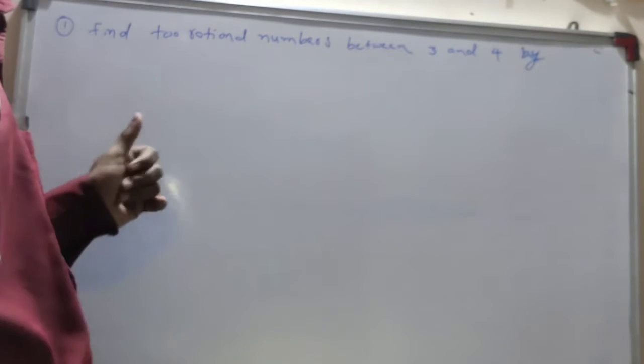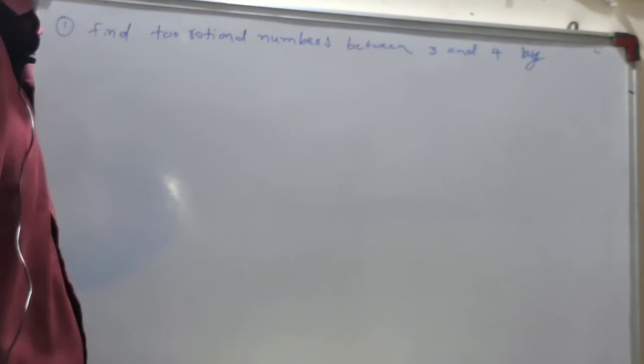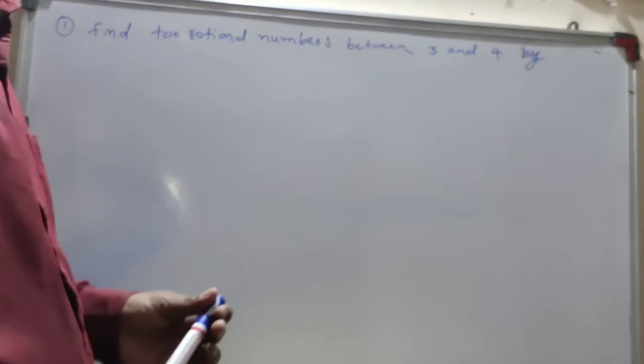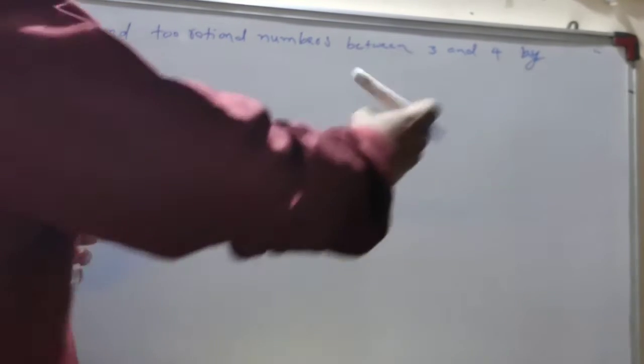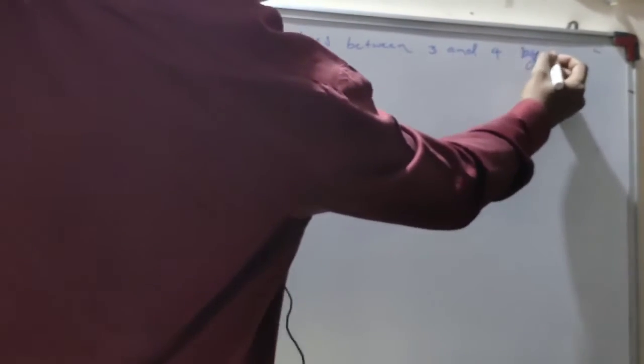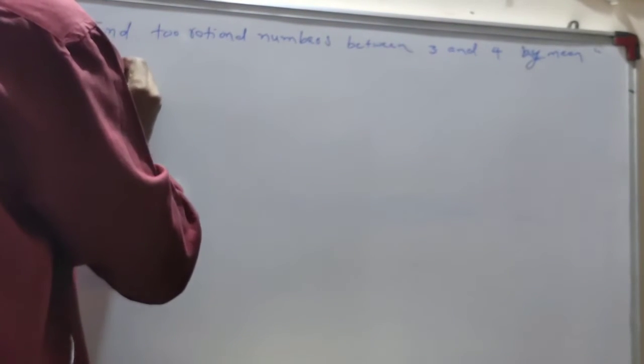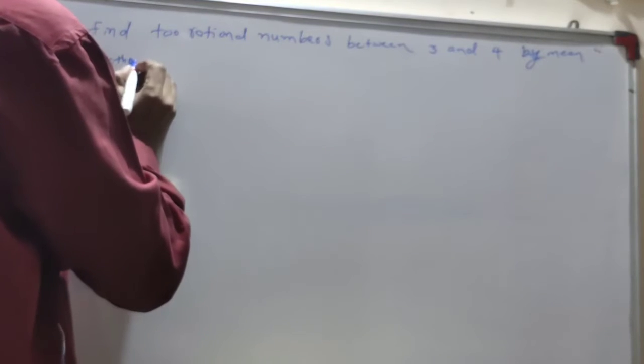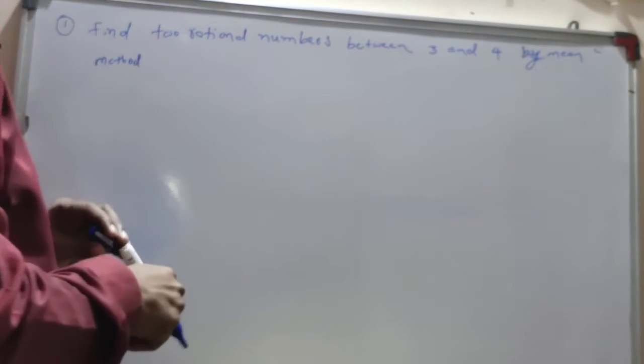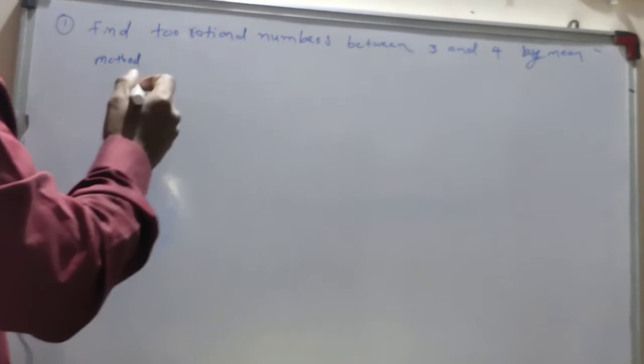Now students, let us see how to find two rational numbers between 3 and 4 by the mean method. So we have a formula for this.